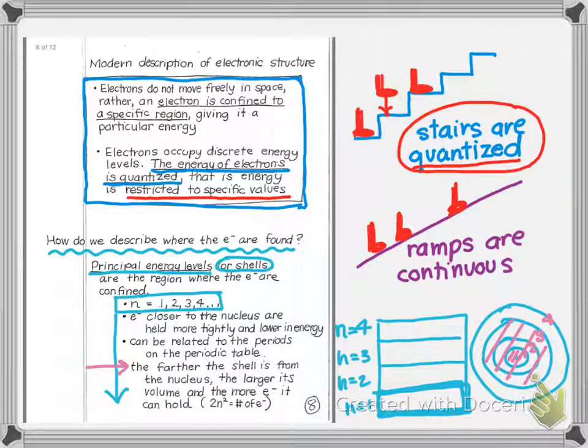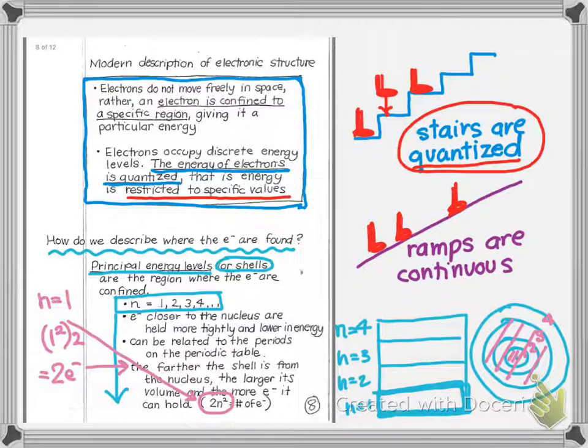Now we can calculate, although it's not necessary for this class, how many electrons will be in each level. If you square the number of the level you're on and then multiply it by 2, it would tell you how many electrons could fit into this level. So for example, if you're in level 1, 1 squared times 2 means level 1 can hold 2 electrons.